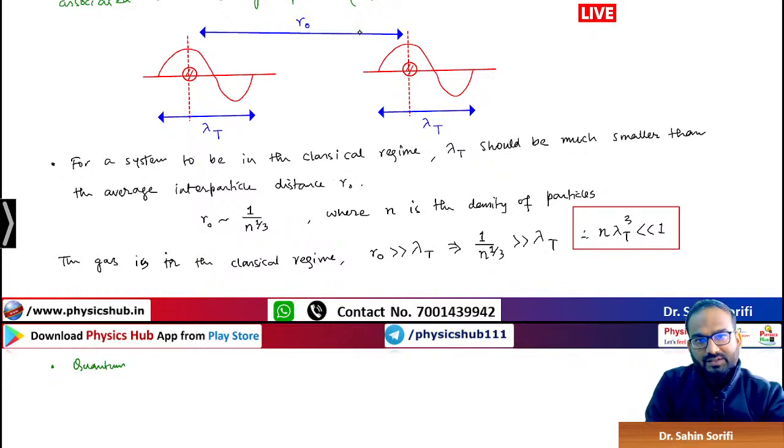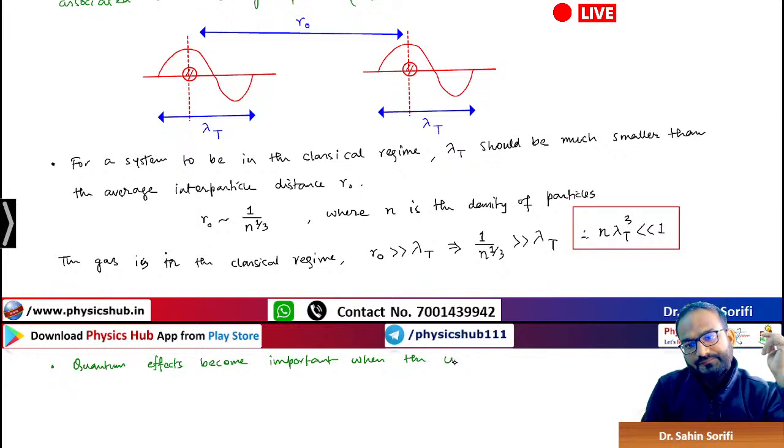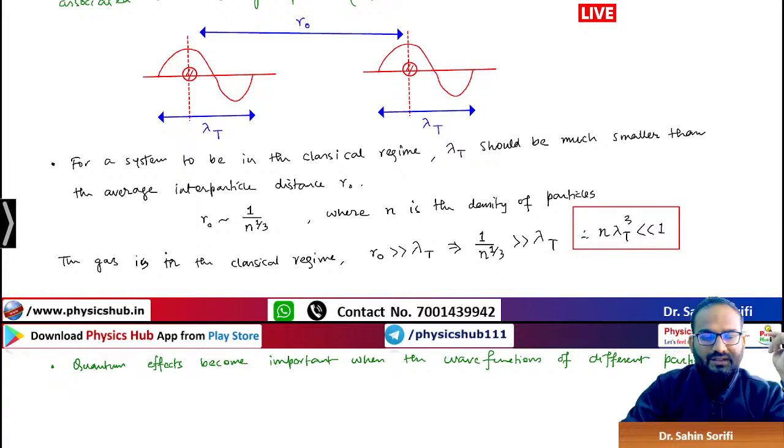Now as you go into the quantum regime, what will happen? The interparticle distance should be very small. If they come closer, the wave functions will overlap. So quantum effects become important when the wave functions of different particles begin to overlap.